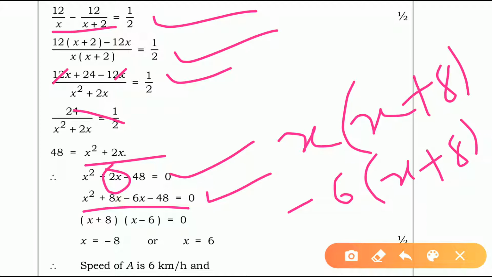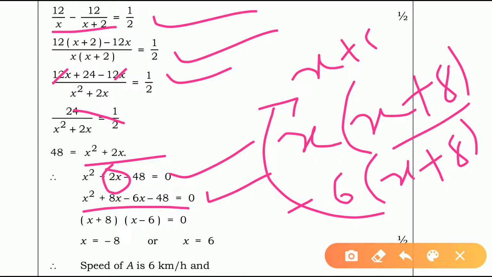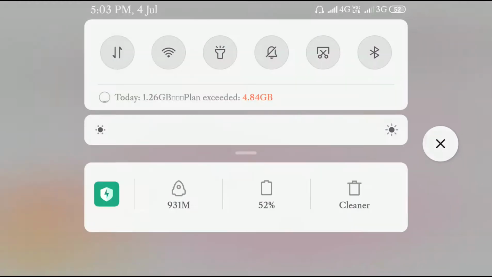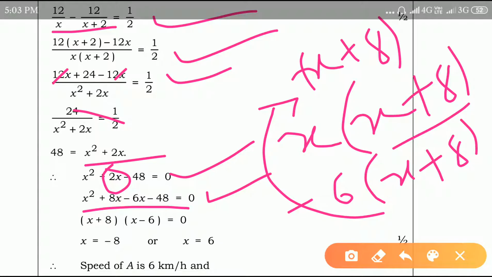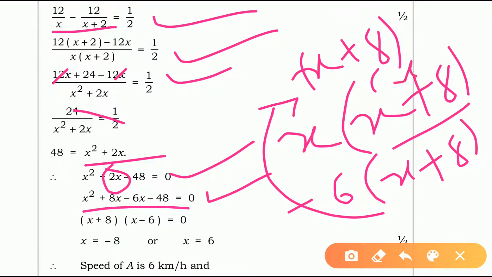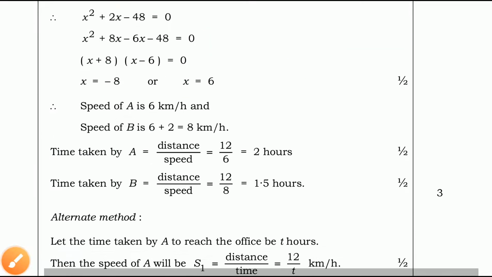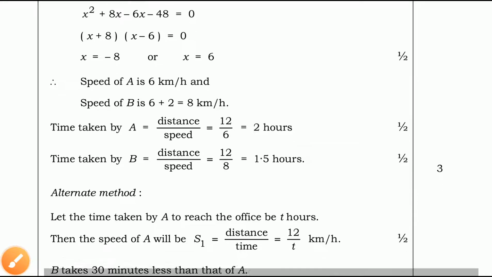Again taking the common factor x plus 8, the remaining term is x minus 6, so x plus 8 times x minus 6 is equal to 0.